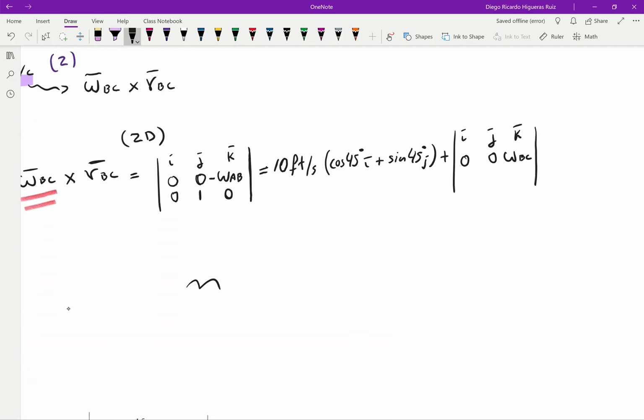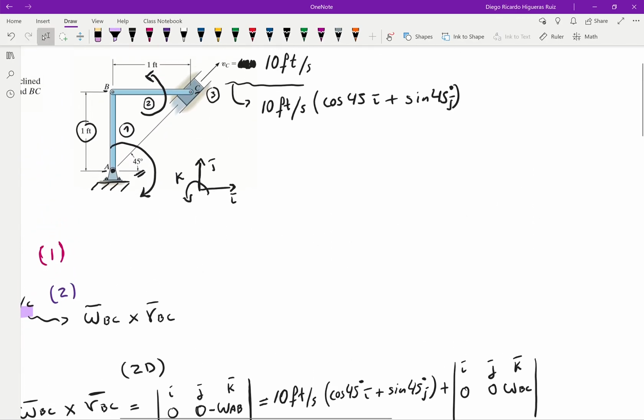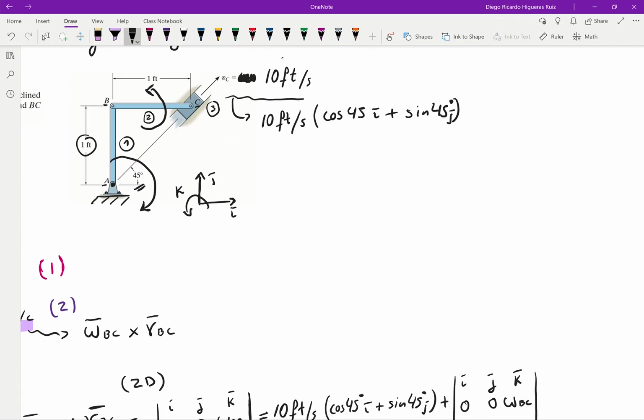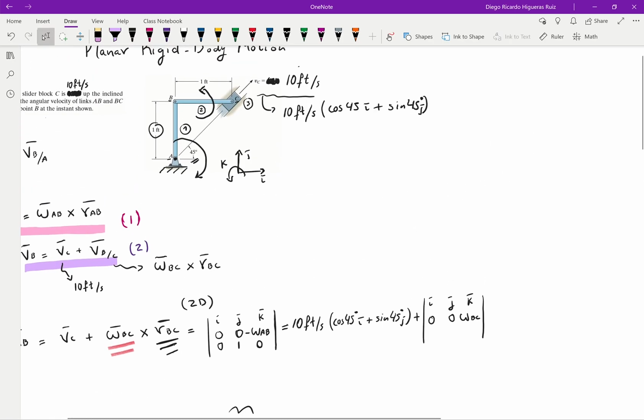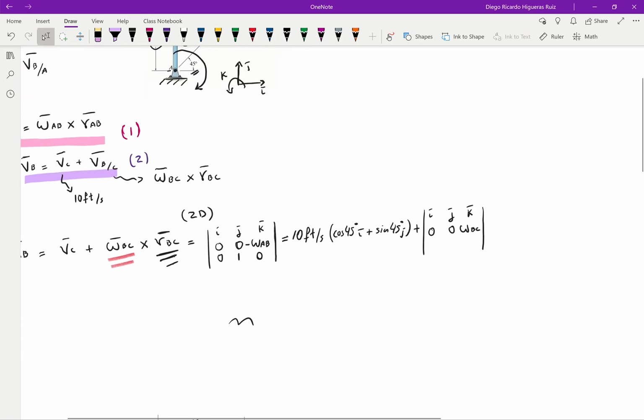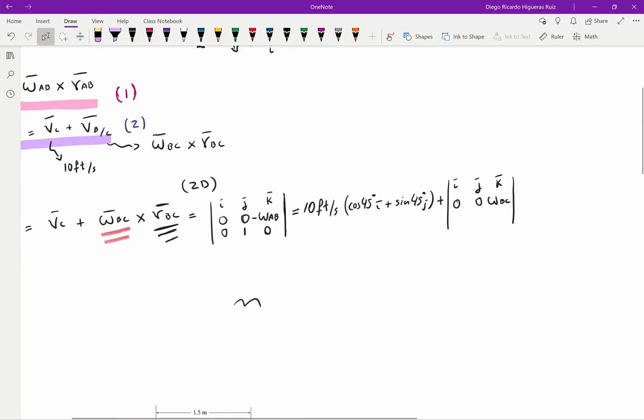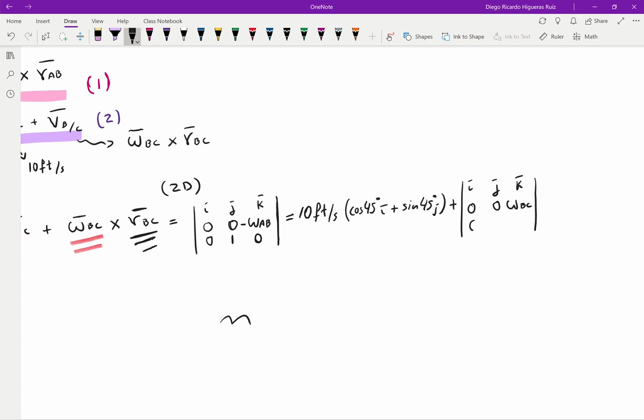Actually this is gonna be from C to B, it's gonna be -1 R BC. Actually, no, that's gonna be positive, from B to C. So that's gonna be 1, 0, 1, but that's gonna be in the I.